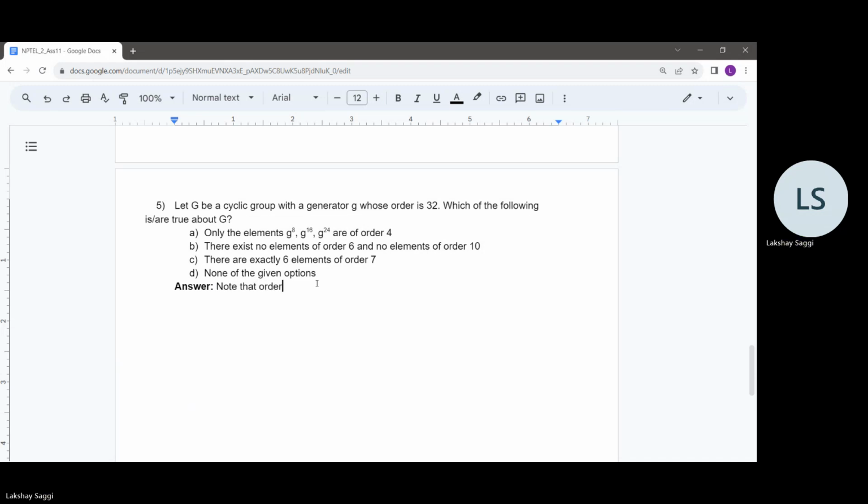Note that, maybe you can refer to the lectures also, this is a part of the lectures, but I just want to point this out here also. The order of a generator g of a cyclic group is equal to the order of the cyclic group.